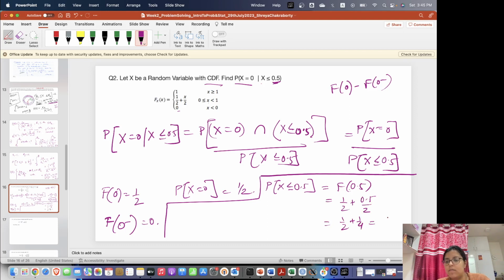That is 3 by 4. Then the required probability will be half by 3 by 4, which will be 2 by 3. Is it okay?